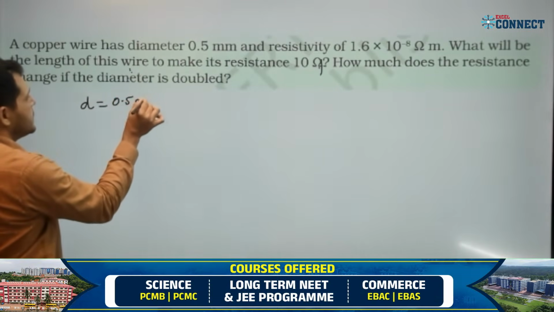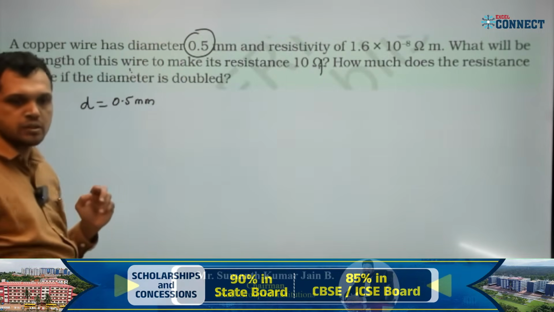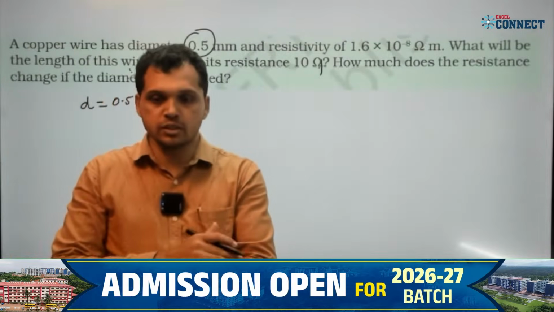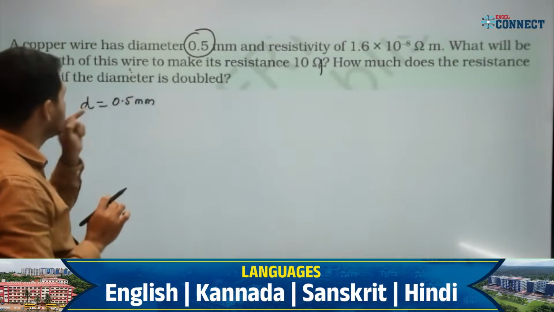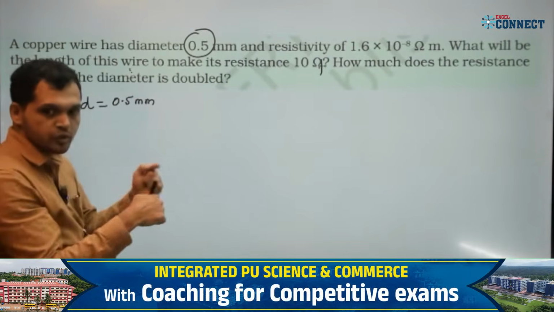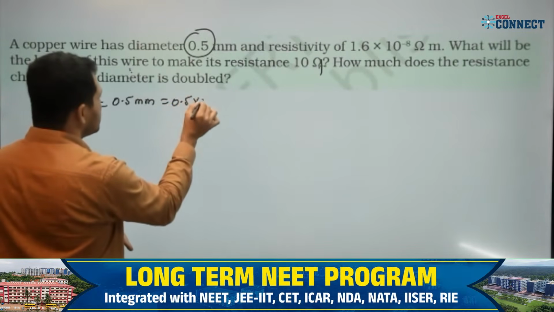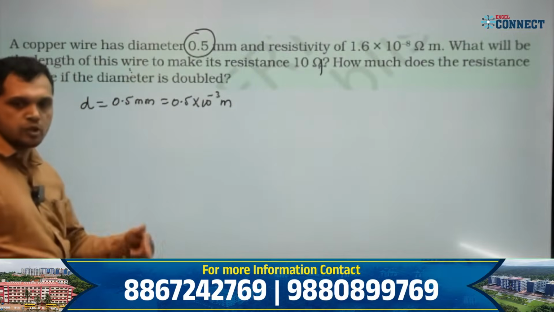First I have to use the SI system. In the SI system, the diameter given in millimeter I have to write in meter: 0.5 into 10 power minus 3 meter, millimeter to meter conversion.